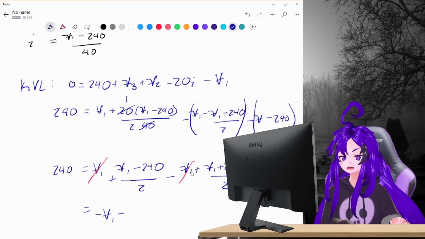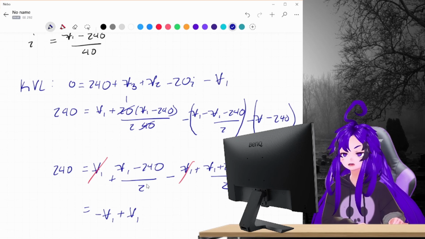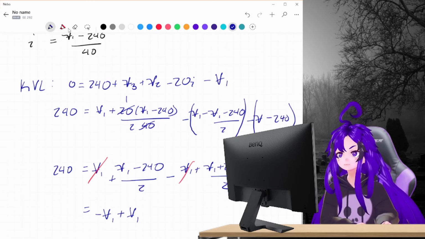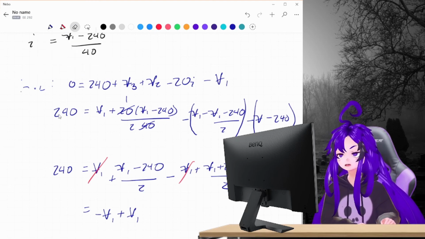V1 over 1/2 plus V1 over 1/2 is plus another V1. I'm going to end up proving that 240 equals 240. Yep. Nope. Not doing that.